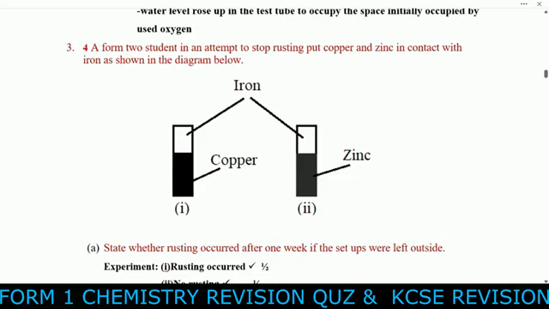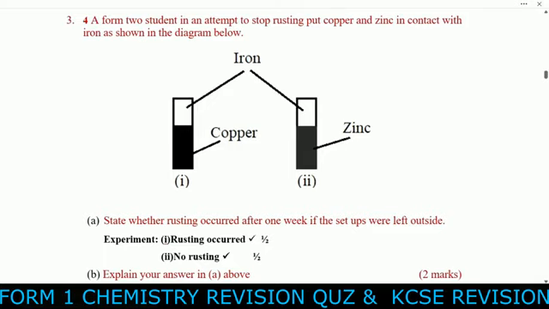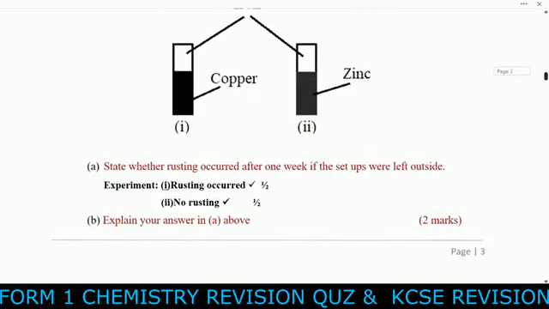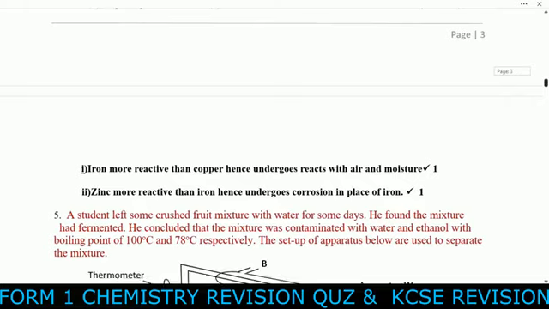So you are told state whether rusting occurred after 1 week if the setups were left outside. Experiment Roman 1, rusting occurred, and then Roman 2, no rusting. Explain your answer. You are told to explain why rusting occurred in Roman 1 and not in experiment Roman 2.